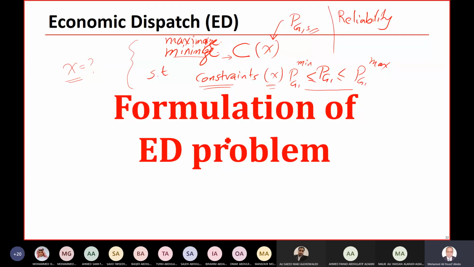The solution is to find X that gives you the minimum value of the cost, and at the same time it satisfies the constraints that you set here. This is simply the optimization problem, an objective function and a set of constraints.